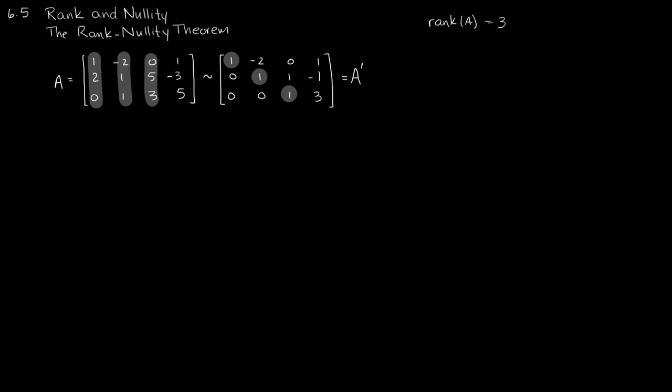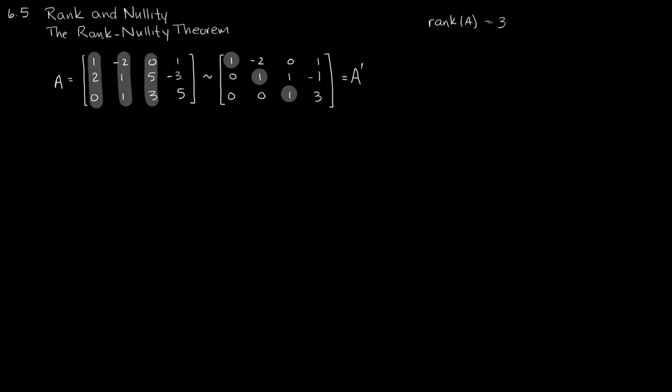Here we're in a 3x4 matrix. We have 3 entries in each column, so these 3 linearly independent columns, which can be represented by vectors, are a basis for R3.